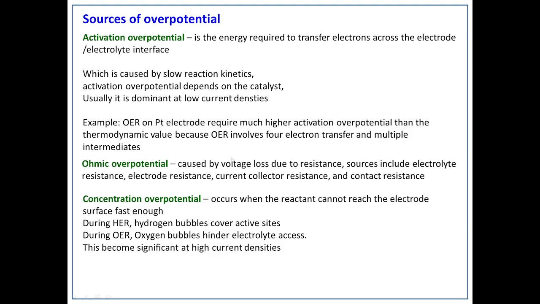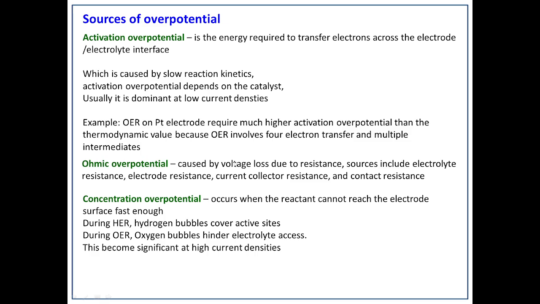Those are called ohmic overpotential. The third one is concentration overpotential, which occurs when the reactant cannot reach the electrode surface fast enough. During HER, hydrogen bubbles cover active sites. During OER, oxygen bubbles hinder electrolyte access. This becomes significant at higher current densities.